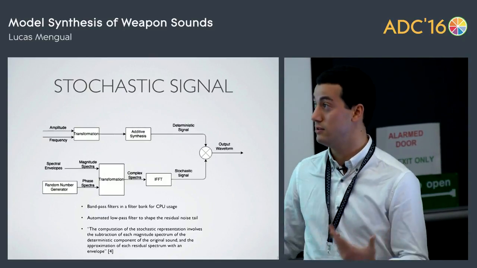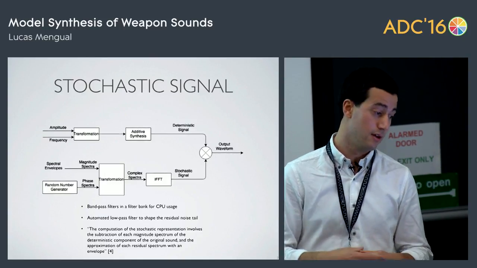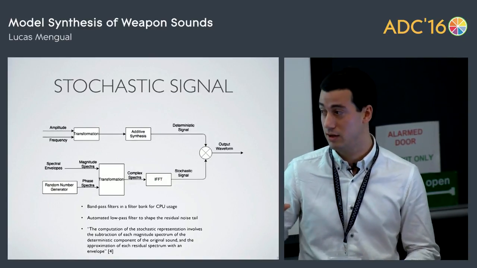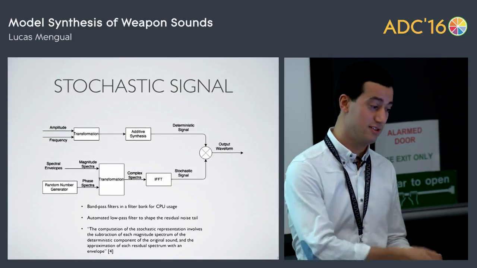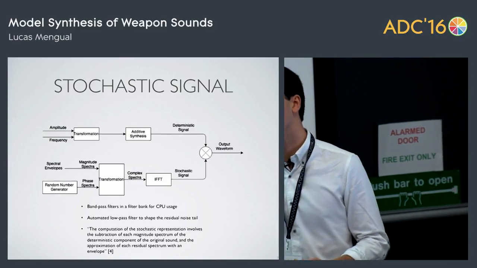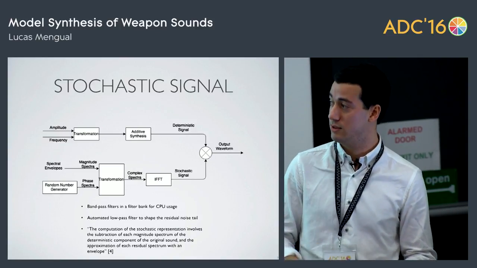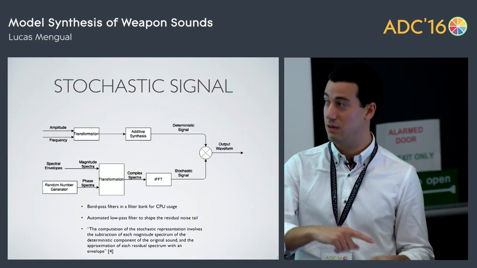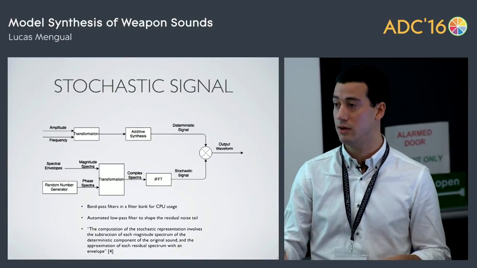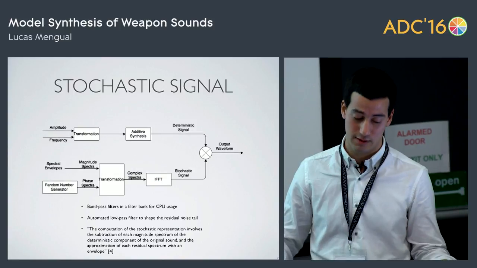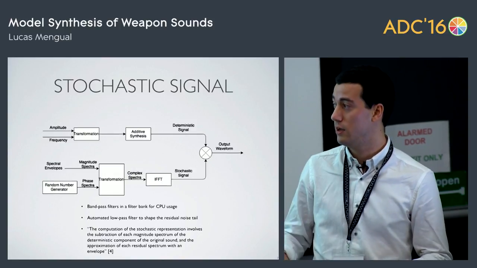For the stochastic part, I implemented an inverse function of the deterministic signal. It's hard to explain, but basically I did a subtractive synthesis using the same modes, with all the same values, and fed it into this stochastic route.